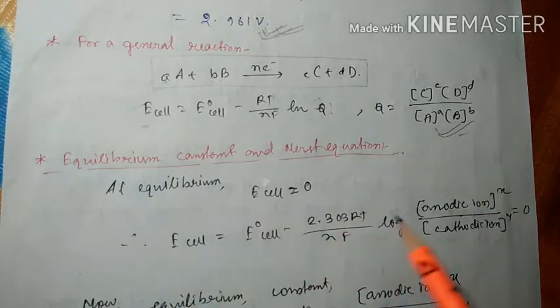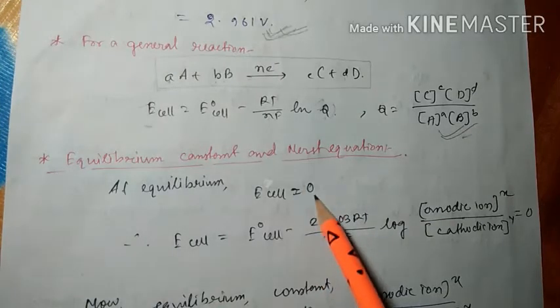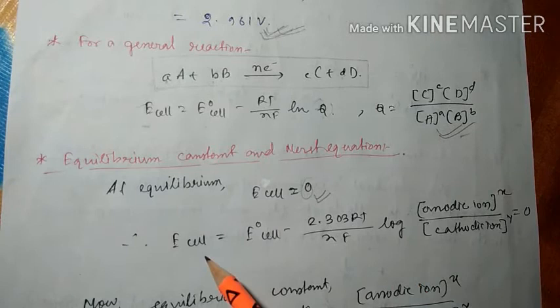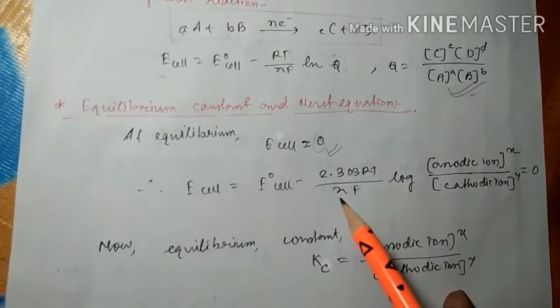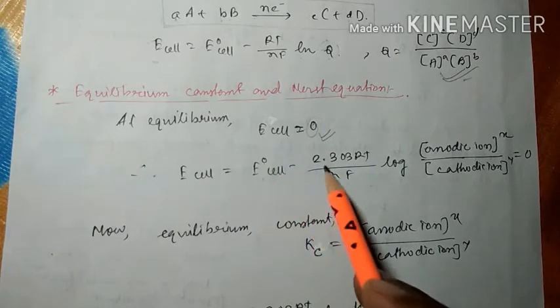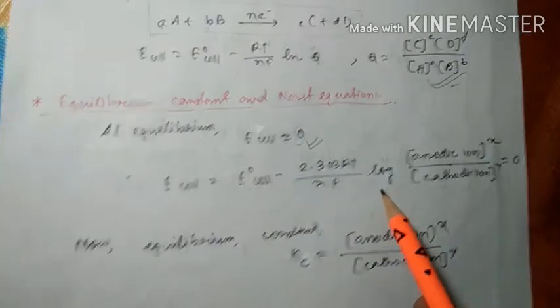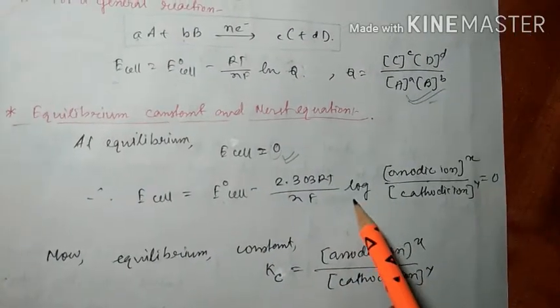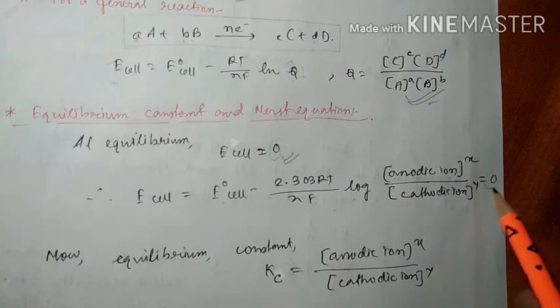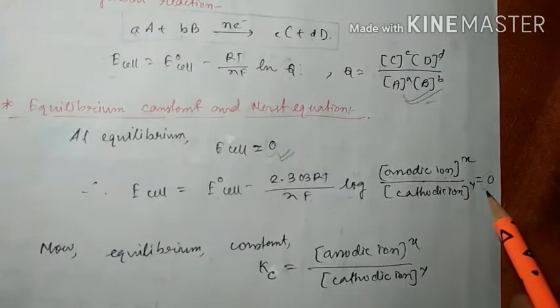That means they are the same. That's why E cell is 0. If E cell is 0, then what does it become? Then E cell equals E naught cell minus 2.303 RT by nF, this is the normal formula of the Nernst equation, log of anodic ion to the power x and cathodic ion to the power y, equal to 0. This one see, I have written here 0.